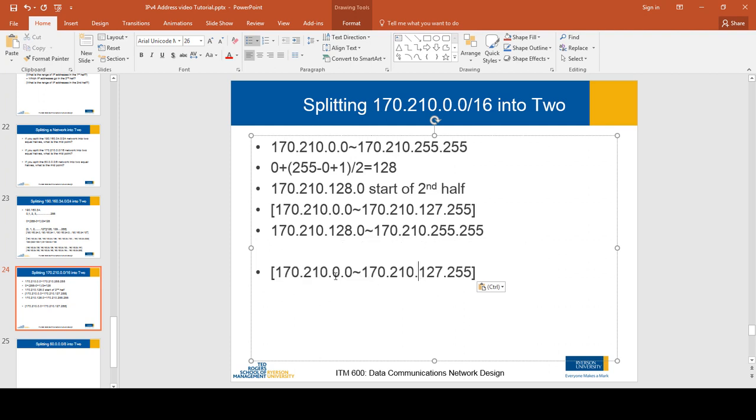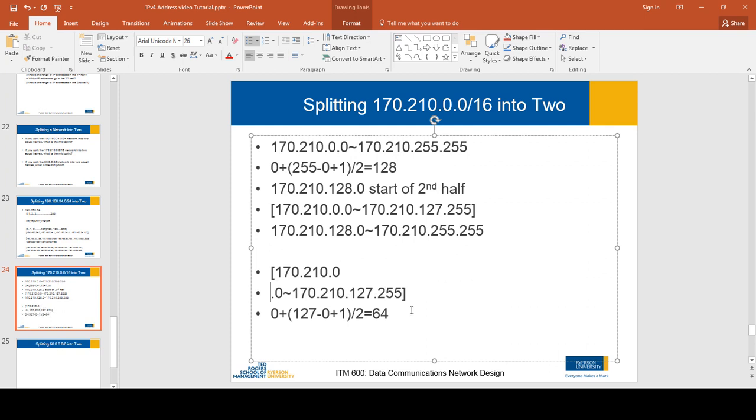So in this range 0 to 127, if you use the same equation as before, 0 plus 127 minus 0 plus 1 divided by 2, which gives you 128 divided by 2 is 64. So this 64 is the start of the second half if you split this range on the third octet.